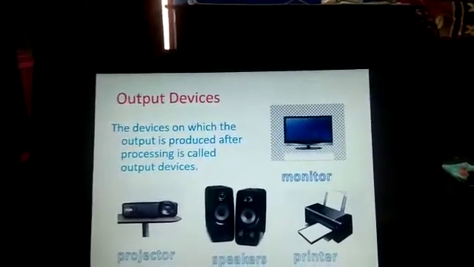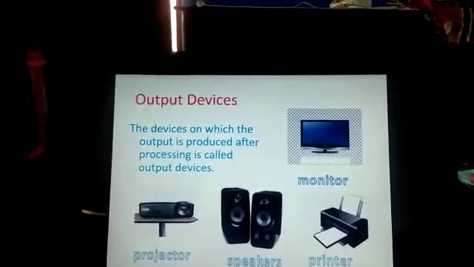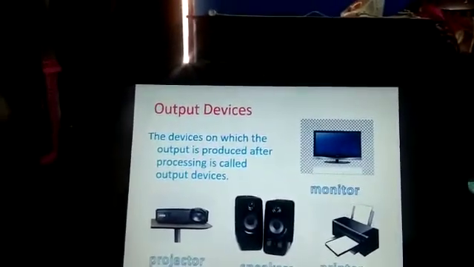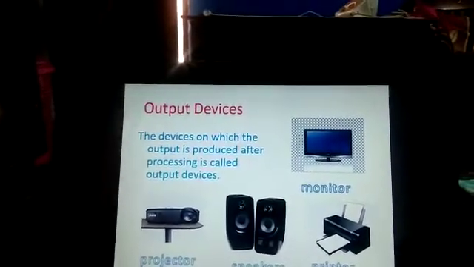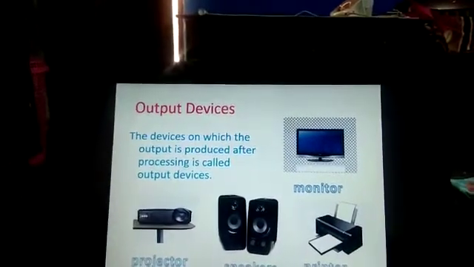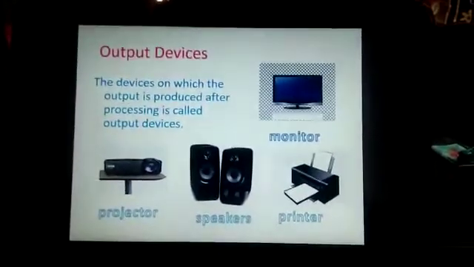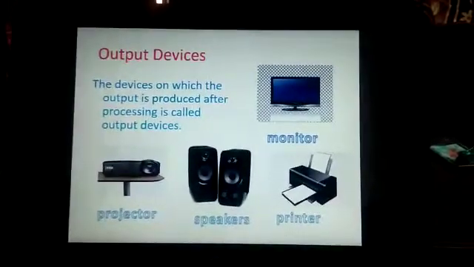Next is projector. You can usually see a projector in your classrooms. The projector shows the output on a very large screen so that many people can see at the same time.